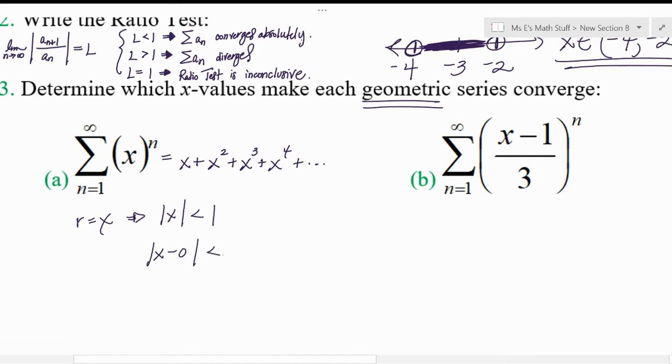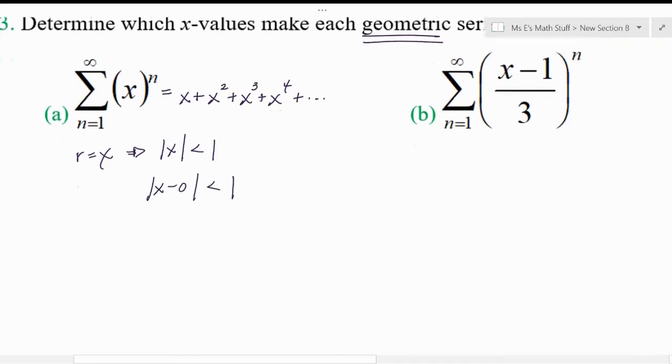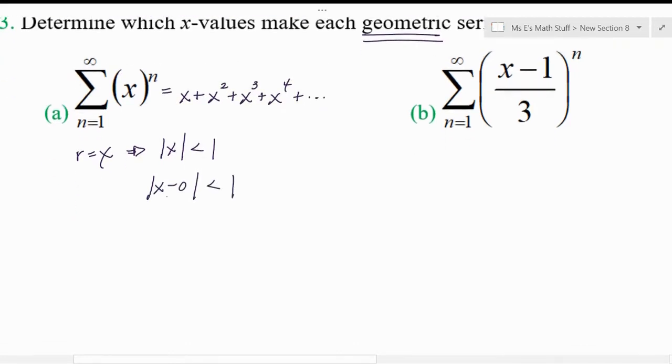This is me being extra nerdy, but sometimes it doesn't hurt to be able to do that. Anyway, so this would be saying, if I use the same method that I had been using before, that the distance between your solutions and 0 needs to be within 1 unit. And so there you go. That's how to be extra nerdy about saying that x has to be between negative 1 and 1.